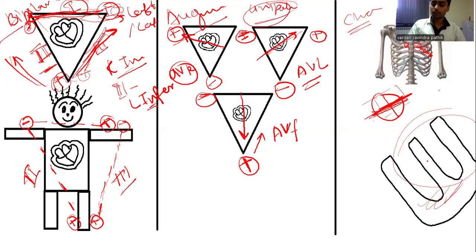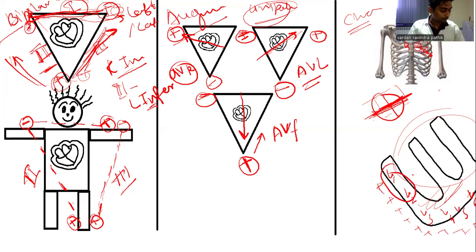So this is going to be your transverse slice of a heart. And here are the leads, your V1, V2, V3, V4, V5, and V6, right? Now these all are positive, right?